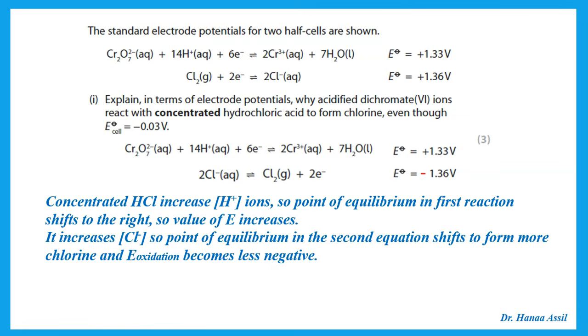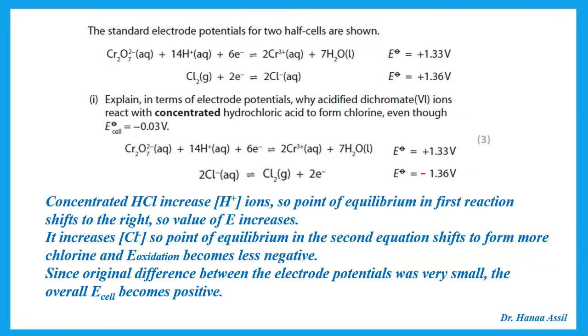At the same time, you're adding chloride ions. You're adding concentrated hydrochloric acid, so you're adding chloride ions. This also would shift the equation below towards the right to form more chlorine, and that means that E will become less negative. It will be a higher value, so it will become less negative.